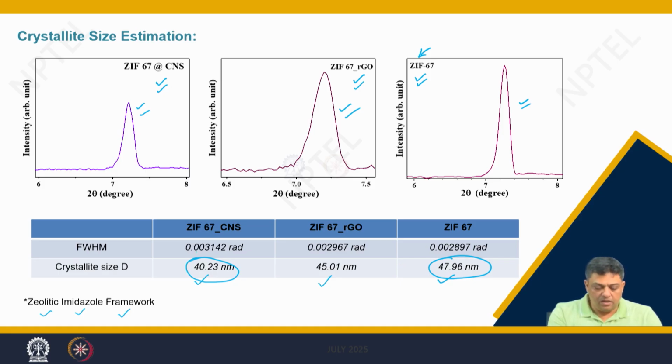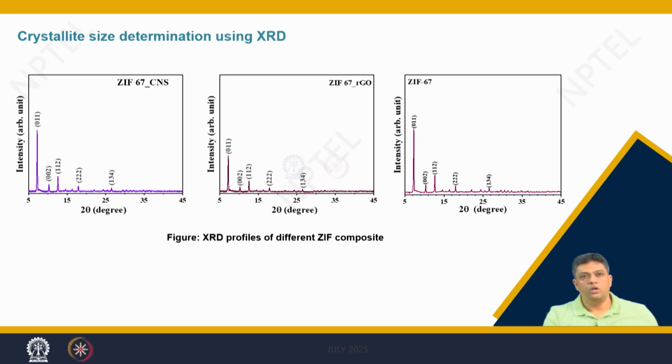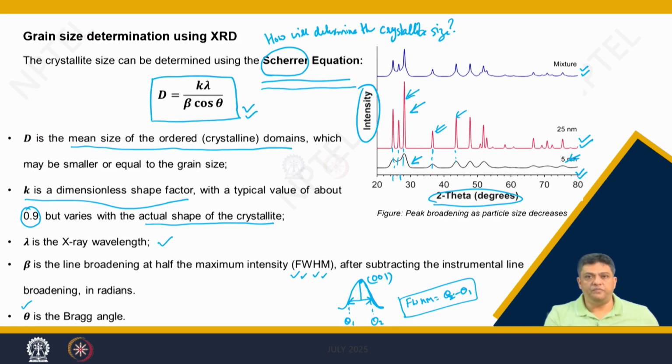You can see the FWHMs are different, and that gives you the indication about the changing particle or crystallite size. So, let us go back and see what we have started. So, this is where we have understood the Scherrer equation.